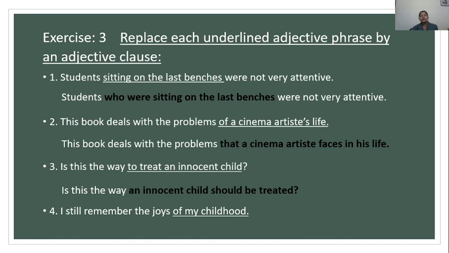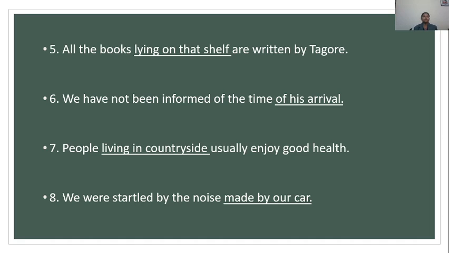Now look at the next one. I still remember the joys of my childhood. Of my childhood means that I enjoyed in my childhood. That is the clause. So what will it be, children? I still remember the joys that I enjoyed in my childhood. Now look at the next.